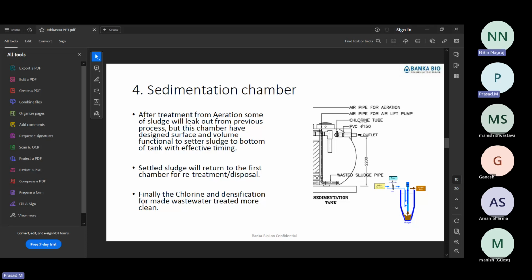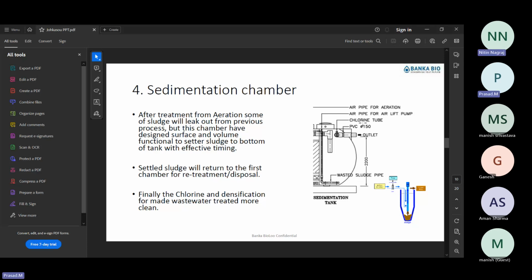If they want to install above ground, no doubt they can, but for that purpose you require one pump and a collection tank, right? And then this Johkasou outlet you can use directly for gardening purposes. No need to install a sand filter and carbon filter if the application is gardening. Try to understand this thing.